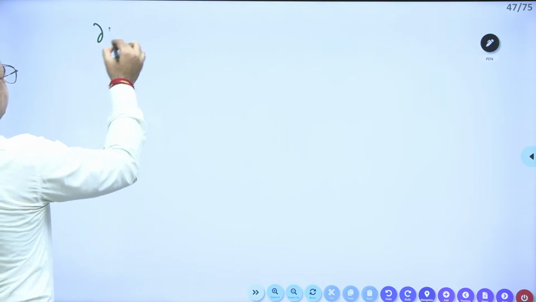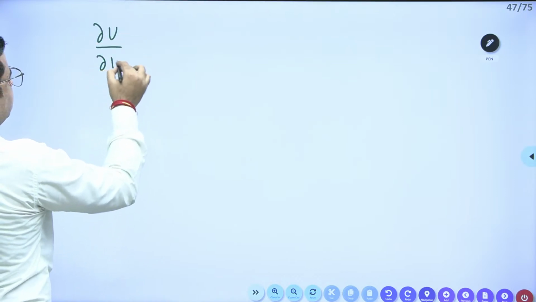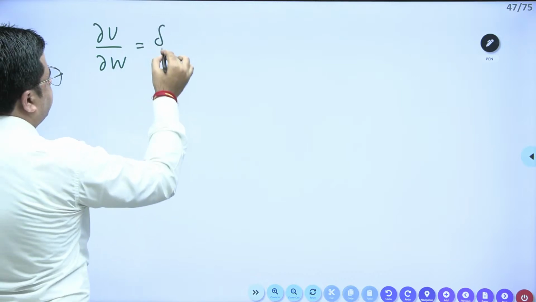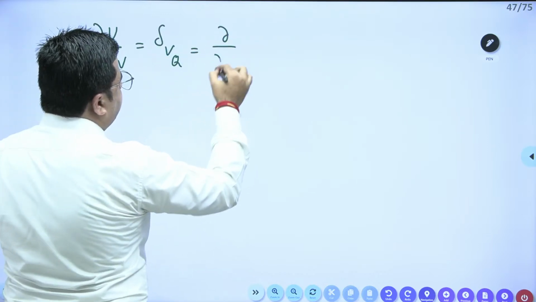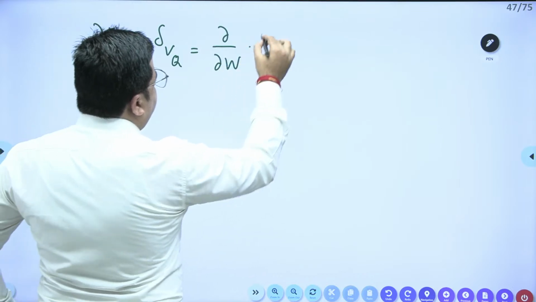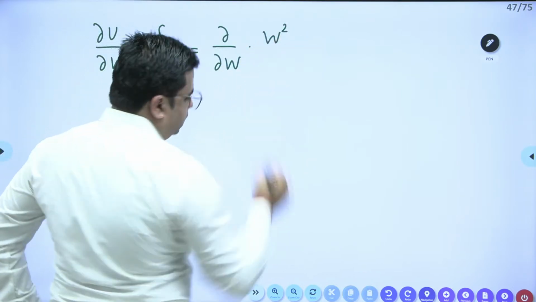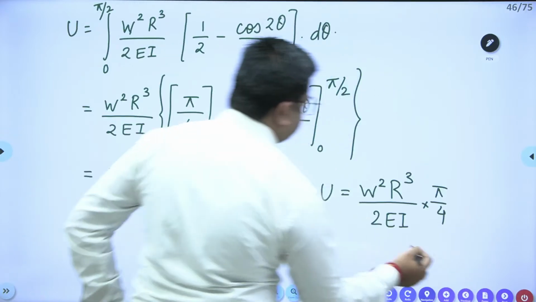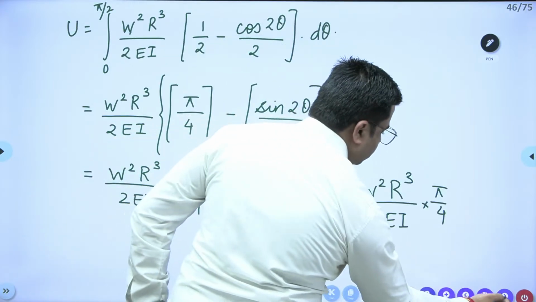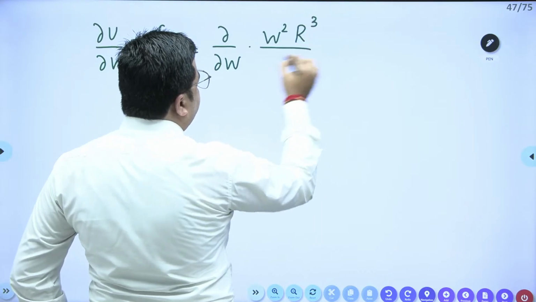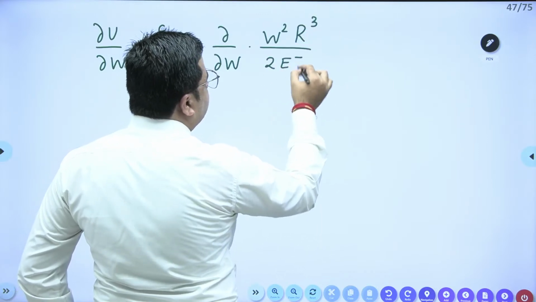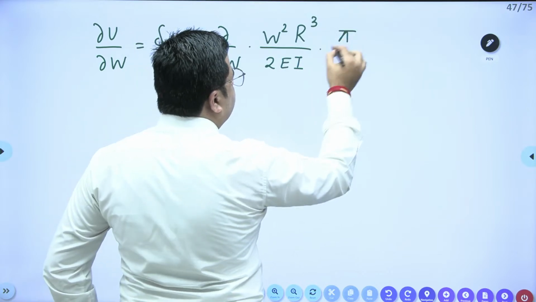So del U by del W will be equal to the vertical deflection of point Q. This will be equal to W del by del W of W squared R cubed upon 2EI into pi by 4.